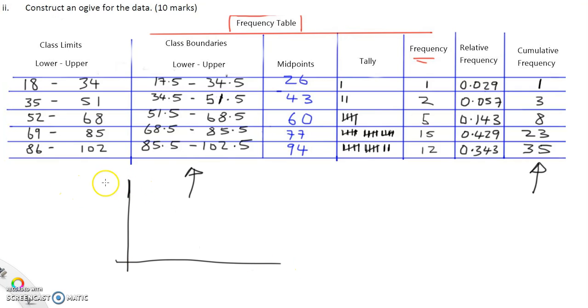And up on the vertical axis we'll have the cumulative frequency, and on the horizontal axis we'll have our class boundaries. So something like that. We could rub out, cover over if you like, some of the other columns so that we don't get confused.